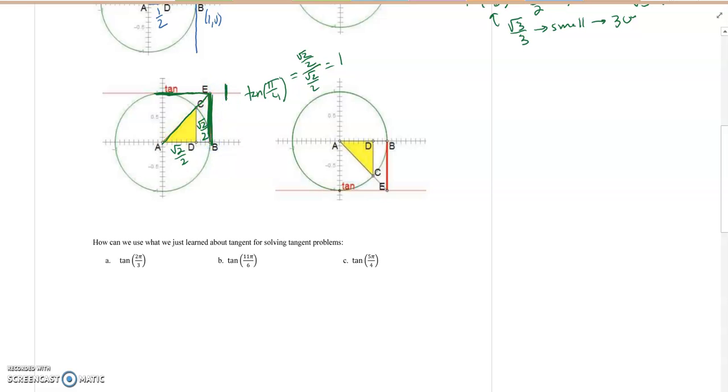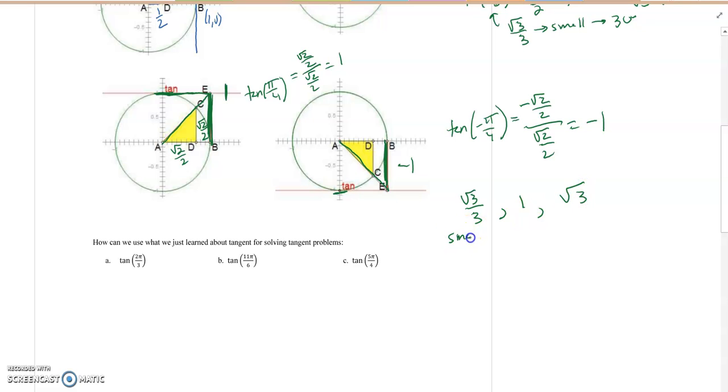Now, if it's negative pi over 4, or negative 45, you can see right here, it's negative 1. Because the tangent of negative pi over 4 would be negative root 2 over 2 divided by positive root 2 over 2, which is just negative 1. So here are the three values of tangent: root 3 over 3, 1, and root 3.